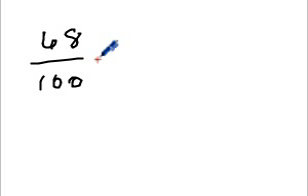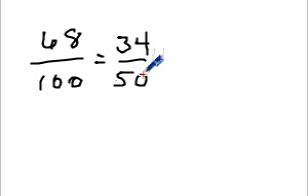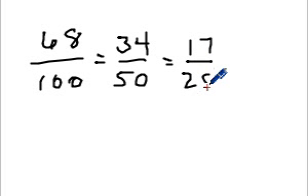If you have trouble finding the factors of a number, one thing you can do with even numbers is you can just reduce it one step at a time. So I know that 2 will go into both of these numbers, and I'll end up with 34/50. Well, I can see they're both even numbers again, so I know 2 will go into that again. 17/25. Now I've got two odd numbers, and I know that nothing will divide into 17 evenly, so I know that I've got simplest form.